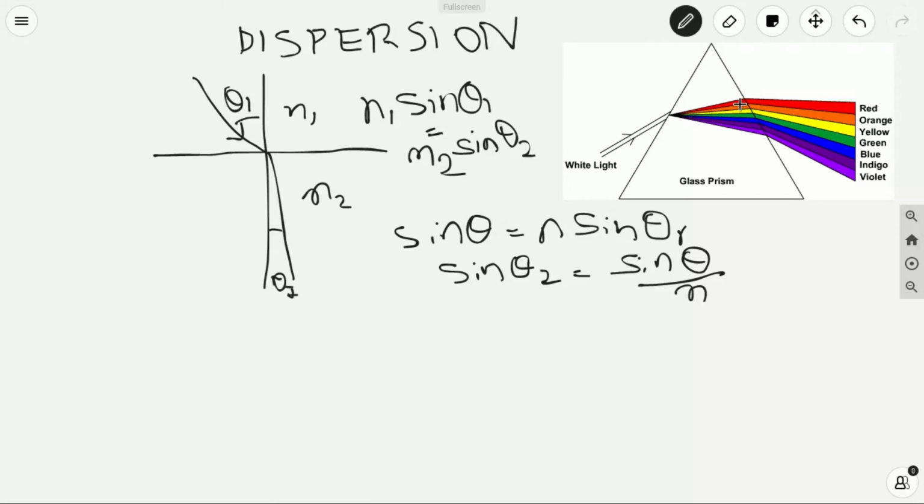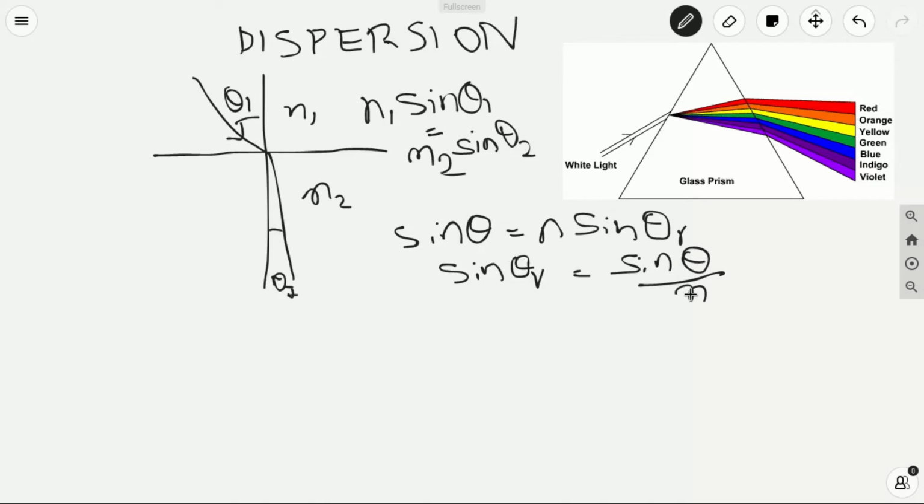We have sine theta, the incident angle, divided by n, where n is the refractive index of the glass prism. And this is r, so sine of the refracted angle is sine theta divided by n.